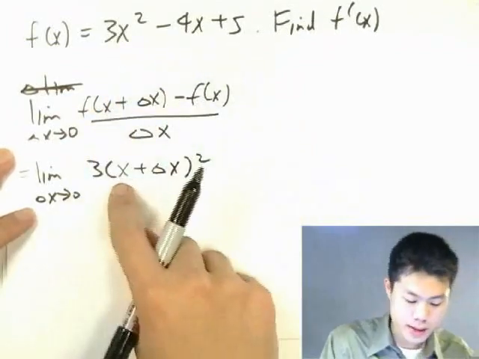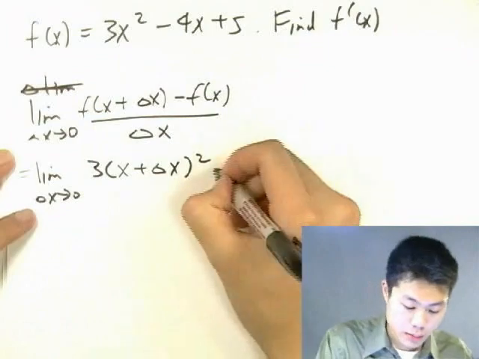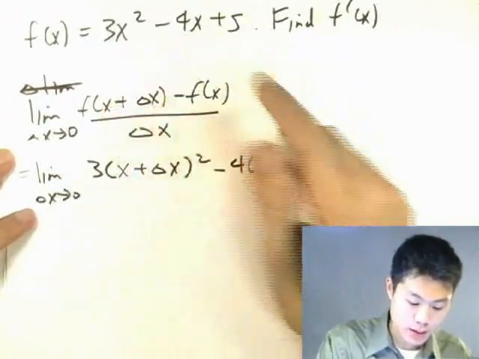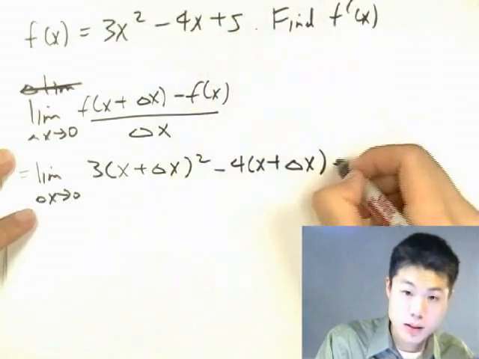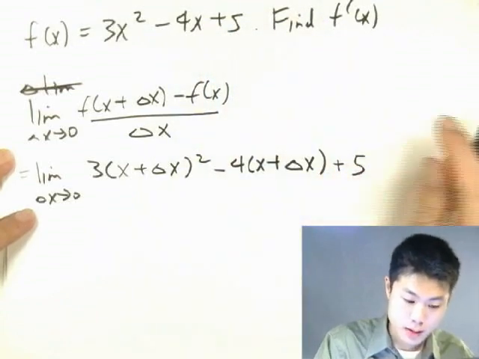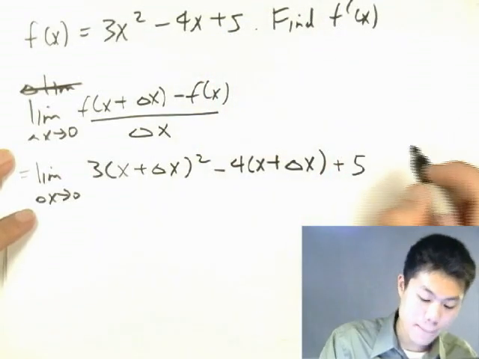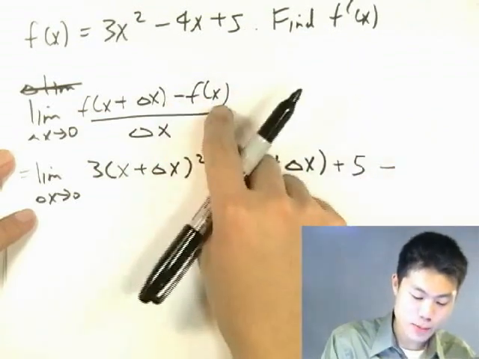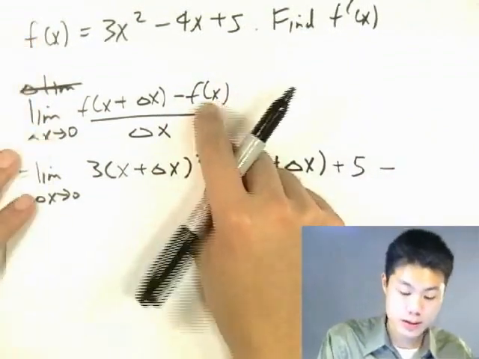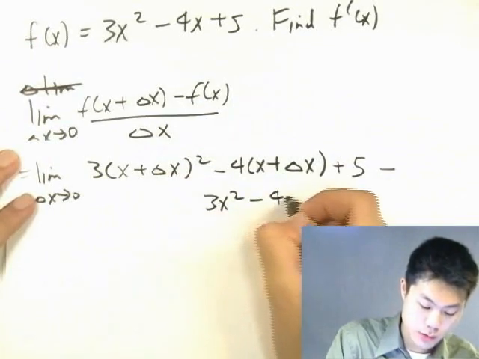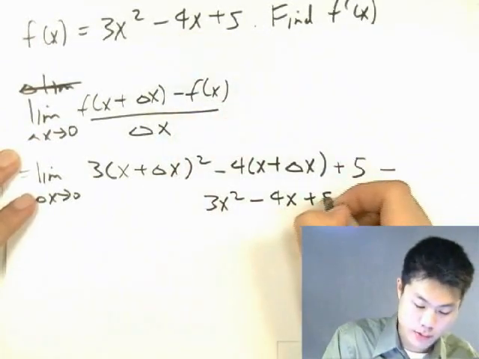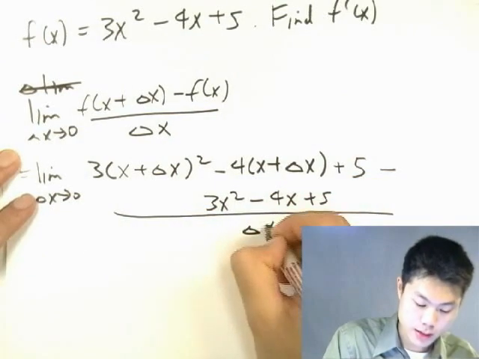So 3 times x plus delta x squared minus 4 times x plus delta x plus 5. Minus, now we're going to subtract the actual function, so 3x squared minus 4x plus 5, all over delta x.